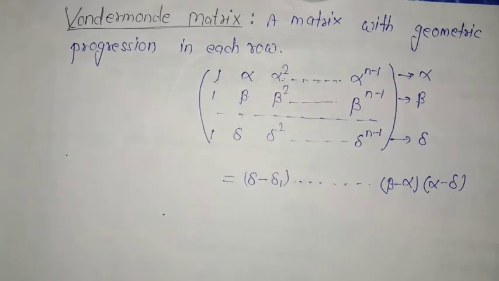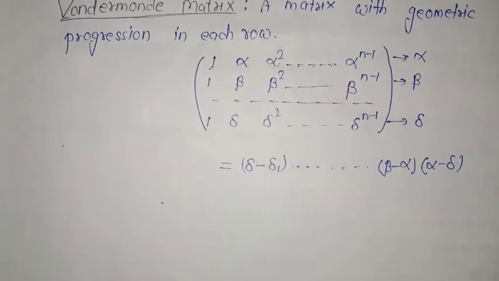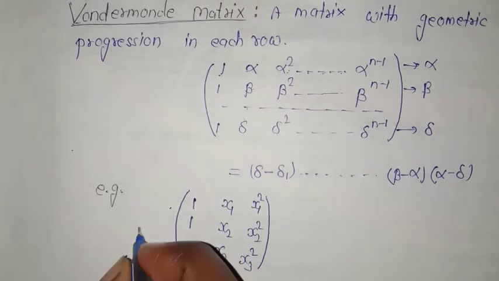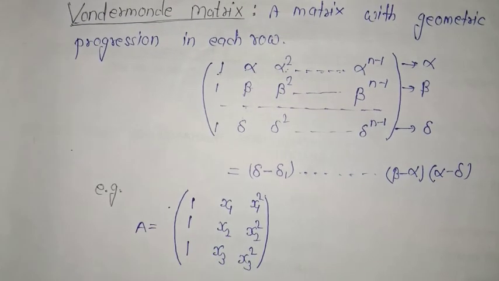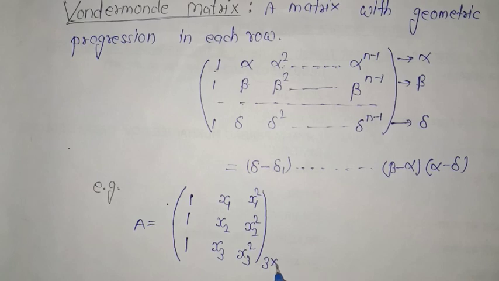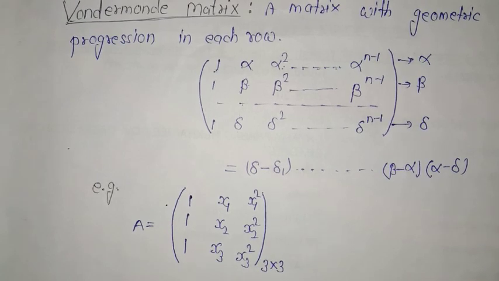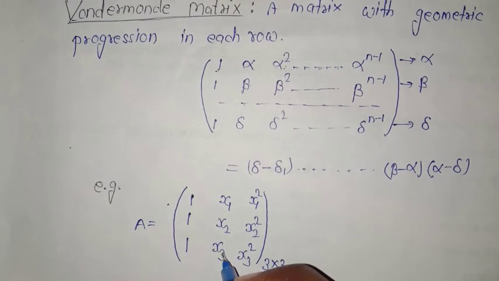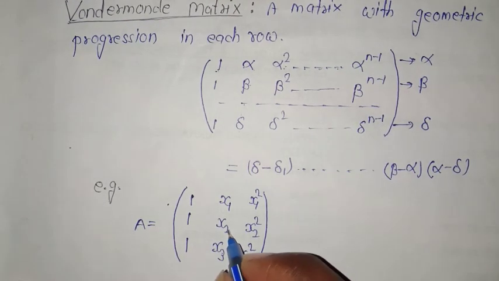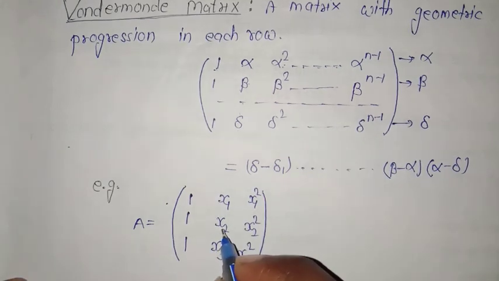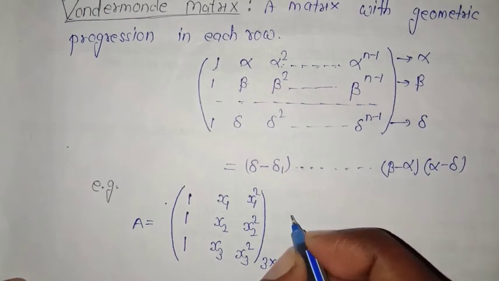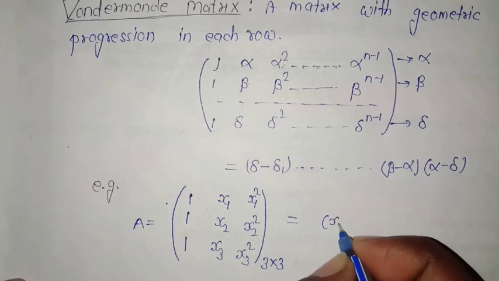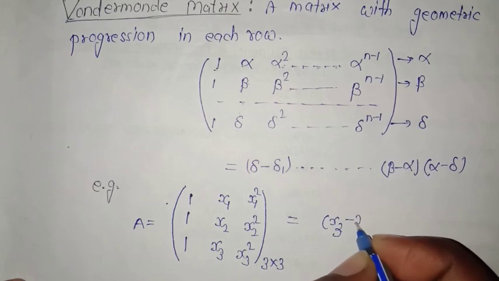I will take one example and then it will be more clear. So I have considered one example of a 3 cross 3 Vandermonde matrix. Now if I want to determine the determinant of this matrix, how can we approach it? We just take the second column and subtract the second last entry from the last entry. So what will we get? x3 minus x2.